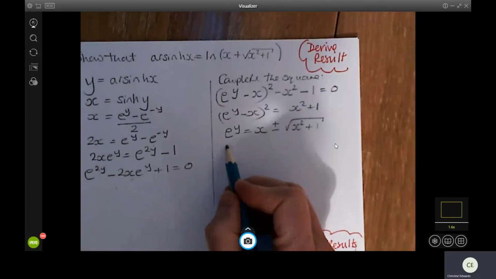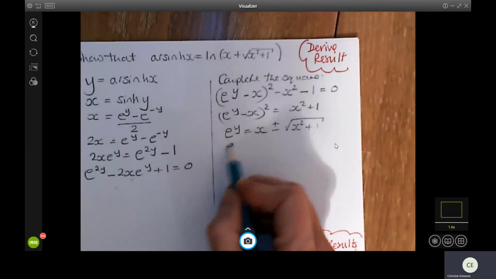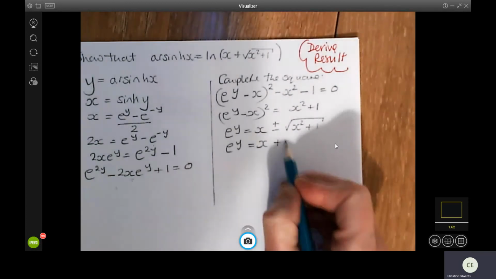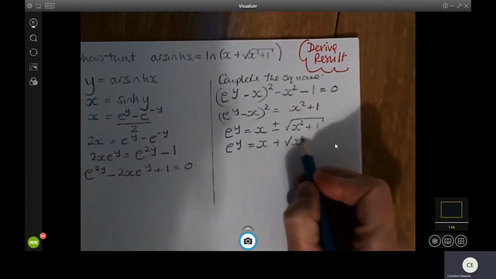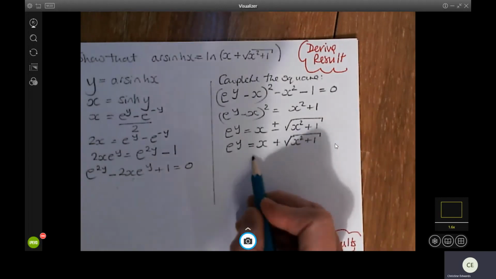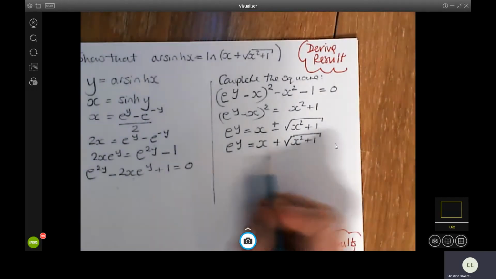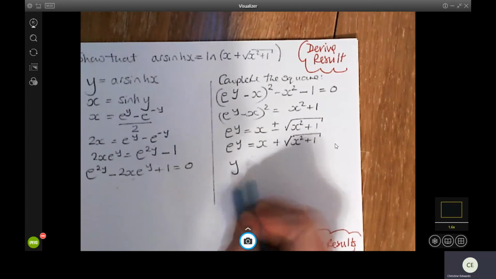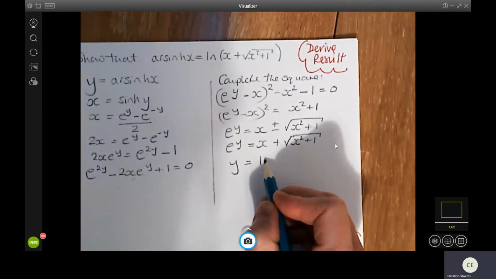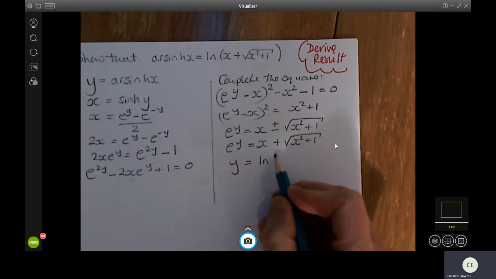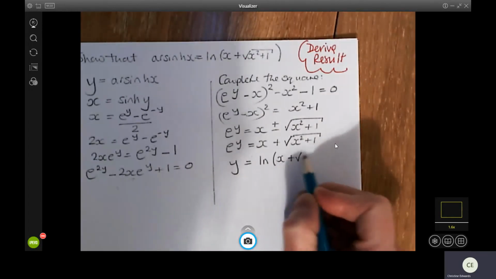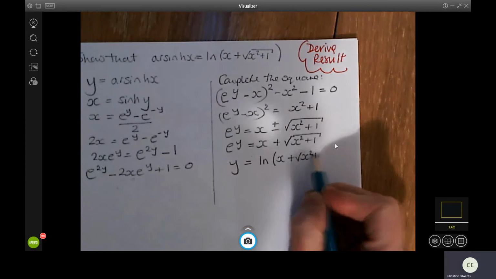Now, I only need to consider the positive square root, and we'll just consider y in a moment, but let's finish off the working here. I want y, so we'll take logs of both sides, and that gives me the log of x plus the square root of x squared plus 1.